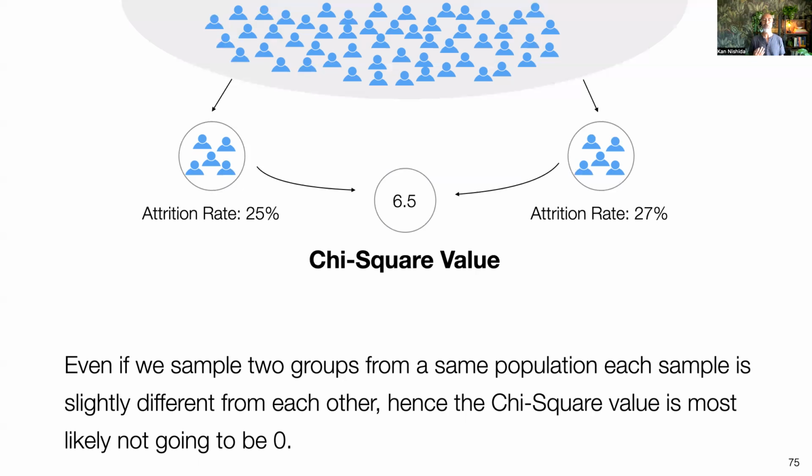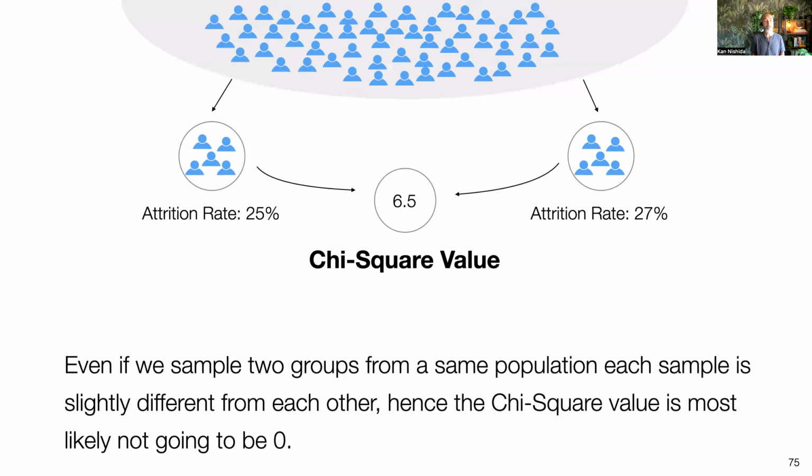So there's always a slight difference. And if there's a difference, we calculate the difference between the actual data and the expected data. Expected is always no difference, but we should have some difference even when it comes from the same group. Then we calculate the chi-square value.